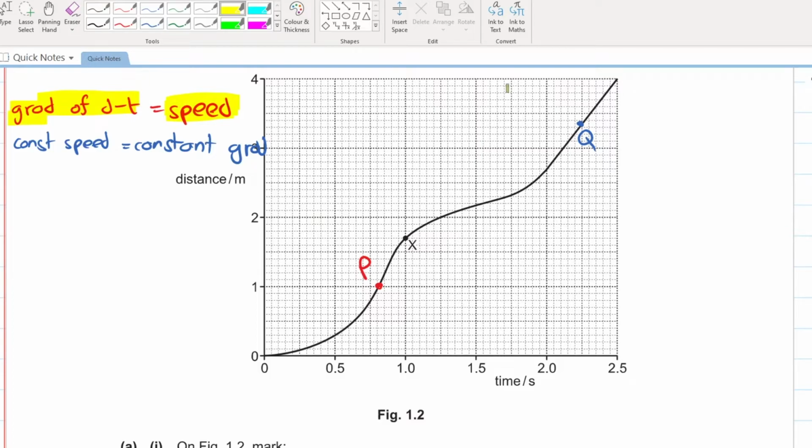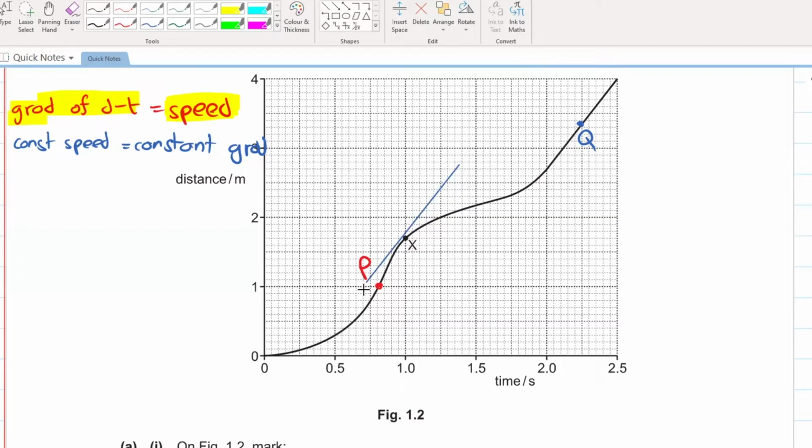Now, how will you calculate the gradient here? It's not that easy. Why? Because this is a curve. Point X lies on a curve. How do we calculate the gradients of curves?